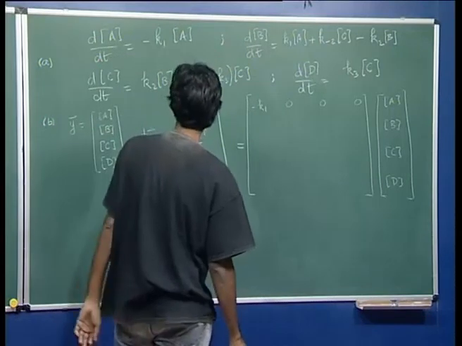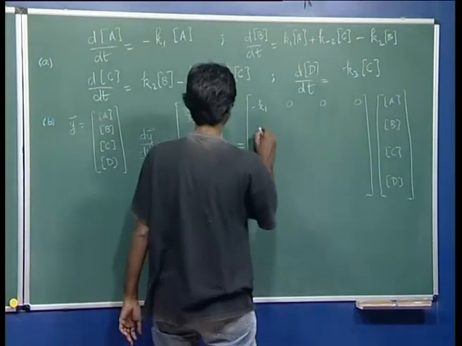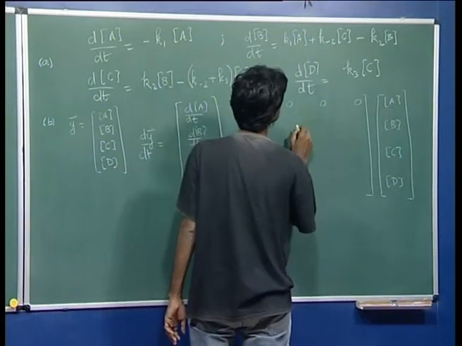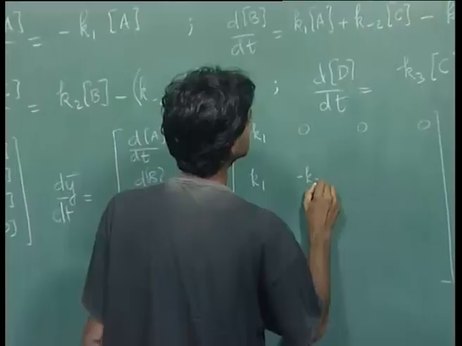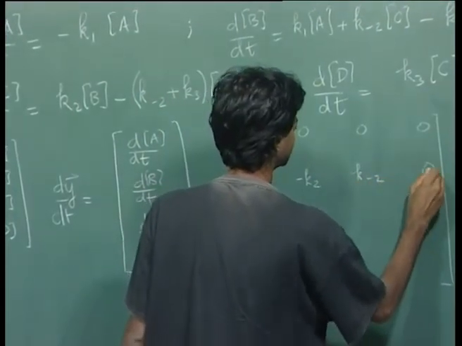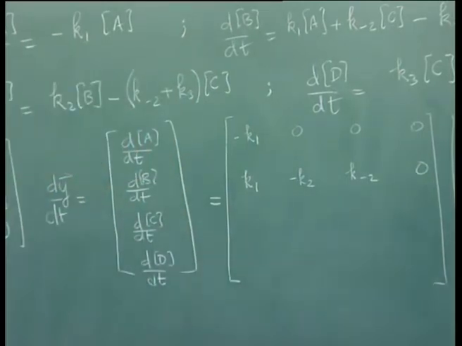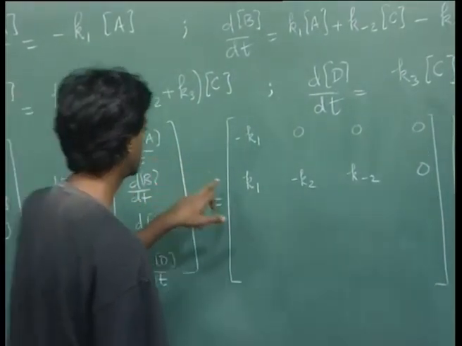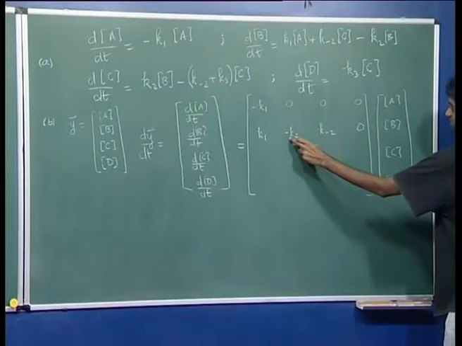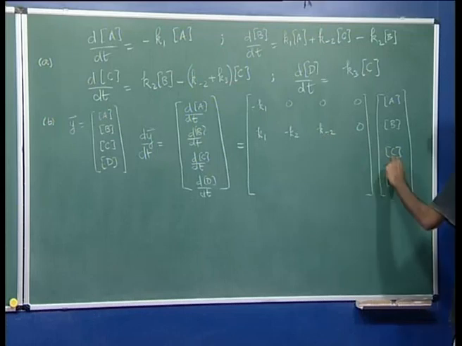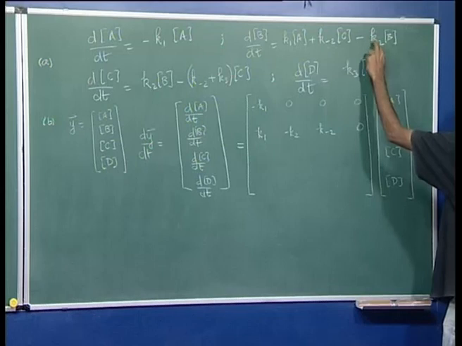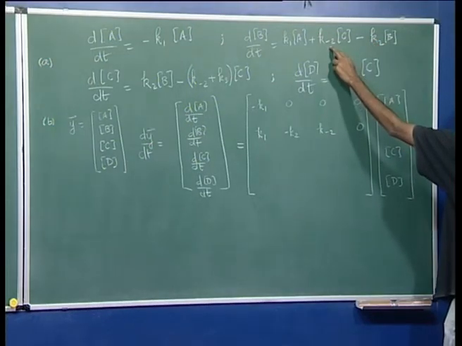Then dB by dt I can write using the same argument. I can say there should be k1, minus k2, and k minus 2, 0. That will ensure that dB by dt is k1 times a minus k2 times b plus k minus 2 times c.